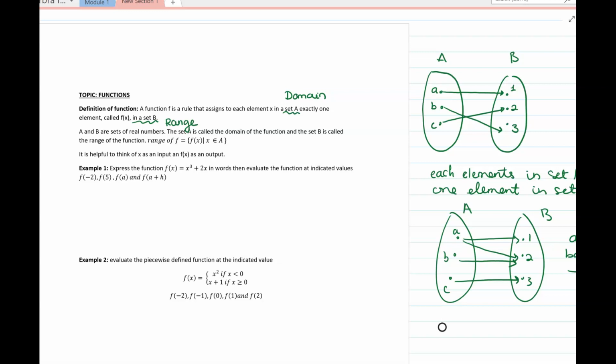Okay. So express the function f of x equals x to the third plus 2x, then evaluate the function at the indicated value. So f of x is a function in which it takes the input x, cubes it, then adds twice the input.